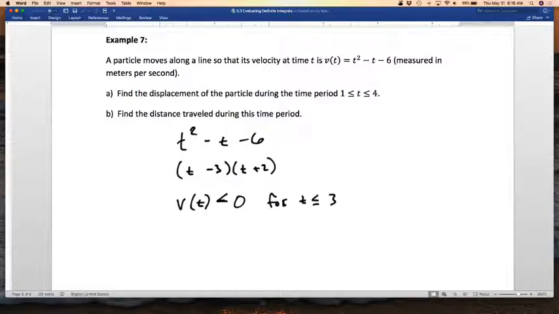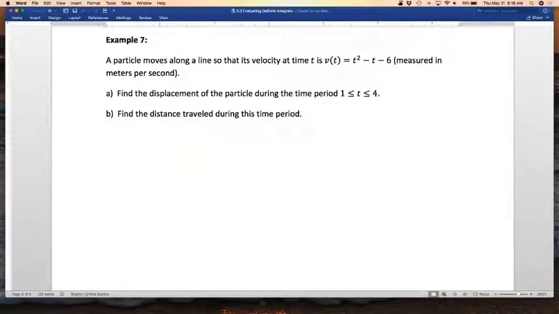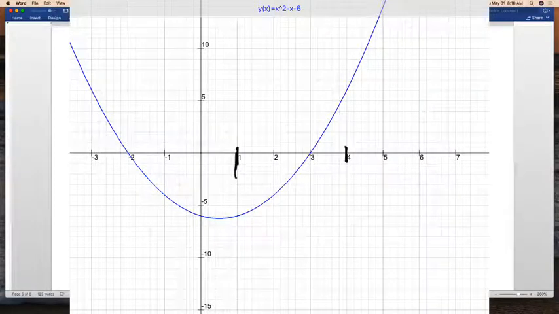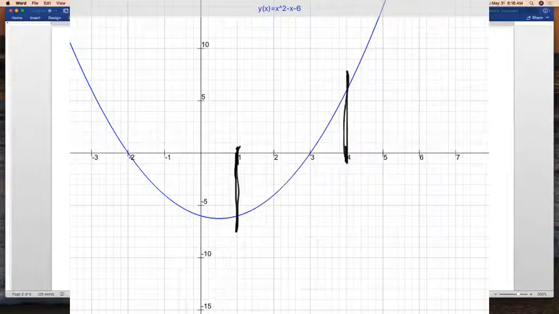Now, if we look at the graph of the velocity function, this is what we see. Now, we are only interested in this interval for when t equals 1 to 4. And the key is this change right here.